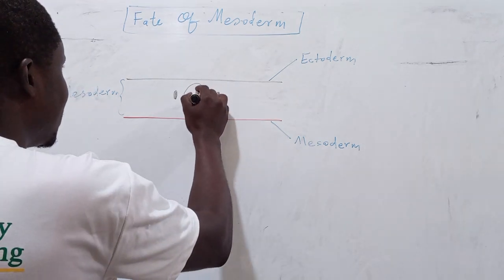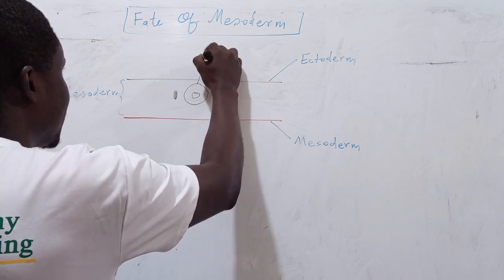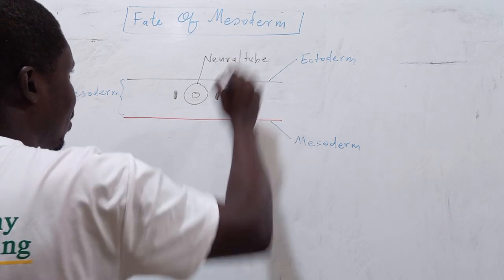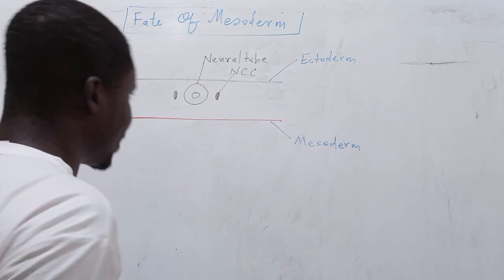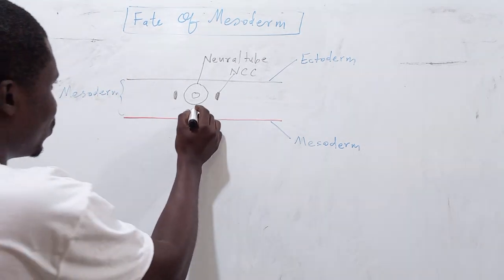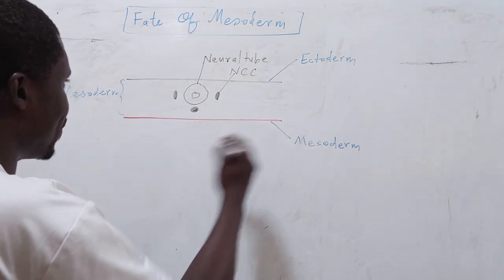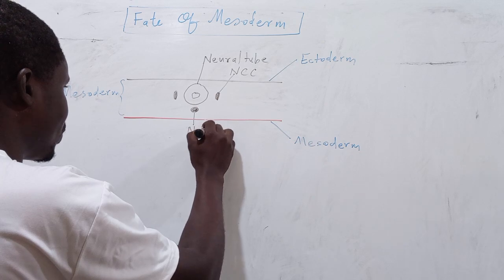You have a cavity. There's the neural tube. And these guys, these are the neural crest cells. Now, one thing we also do not forget is that there will be that kind of rod-like entity over here by way of the notochord.